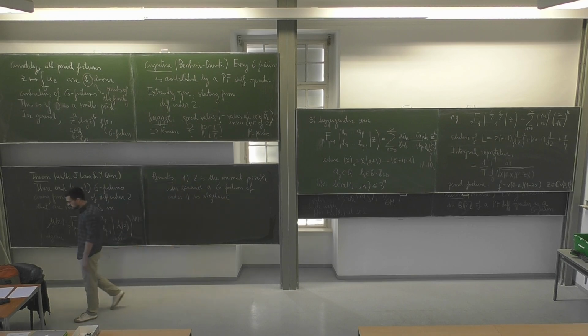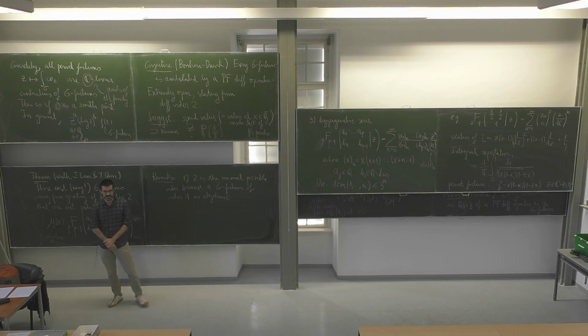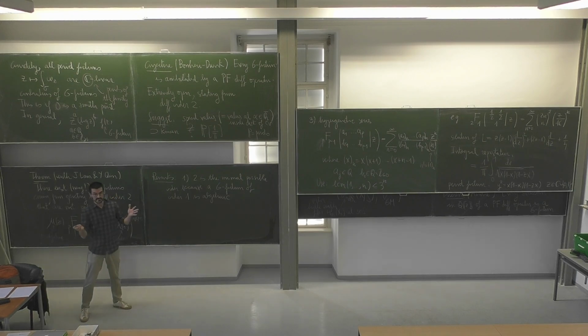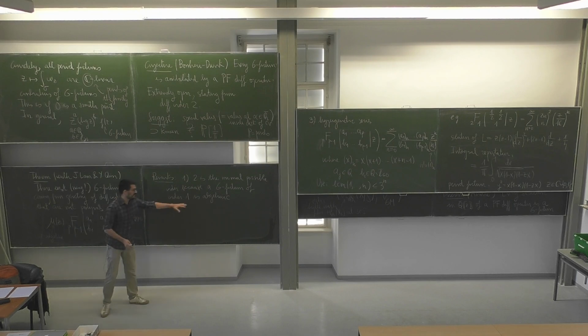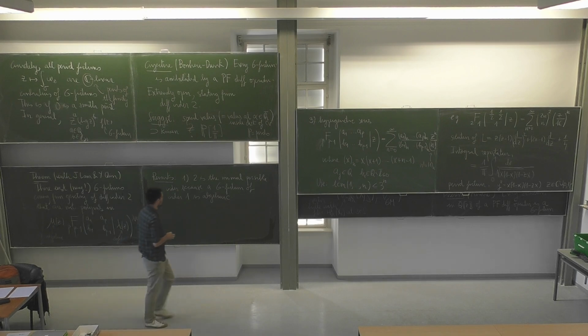And one way to see this is using these properties of the minimal differential equation I mentioned. The minimal differential equation of a G function has regular singularities and quasi-unipotent monodromy. So if you write a differential operator of order 1 with this property, and you write down a solution, then you'll see that it is algebraic, especially because of the property that the exponents are rational. Okay, so 2 is the minimal order.